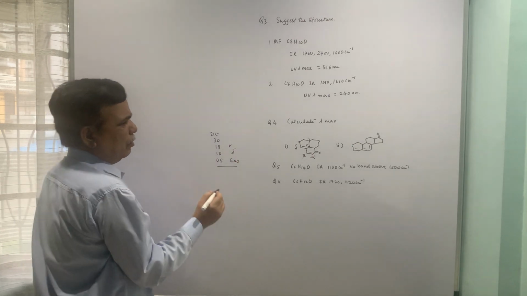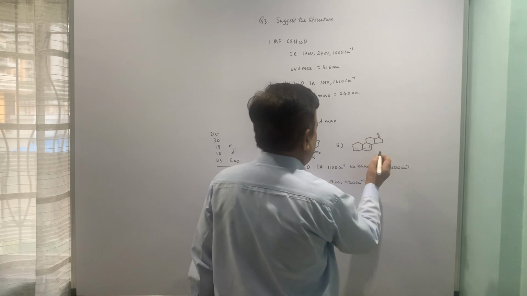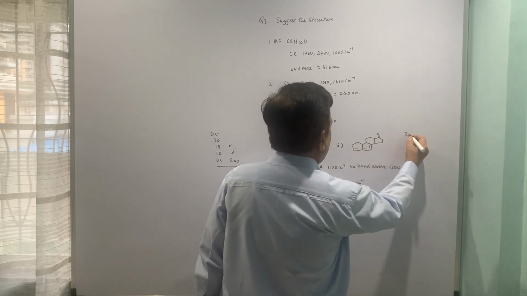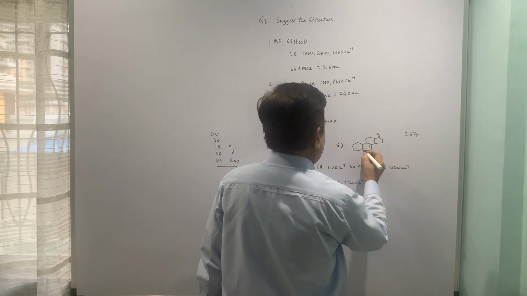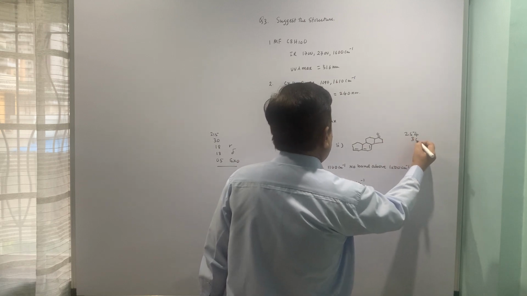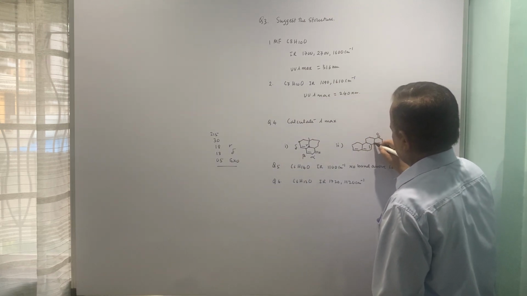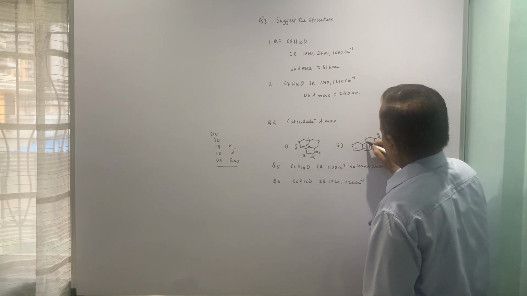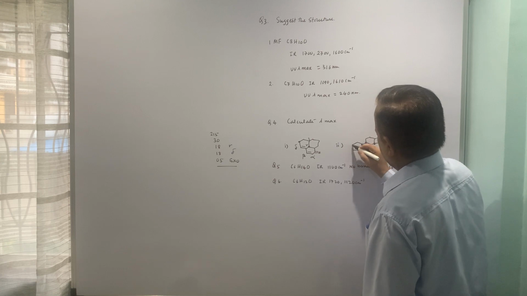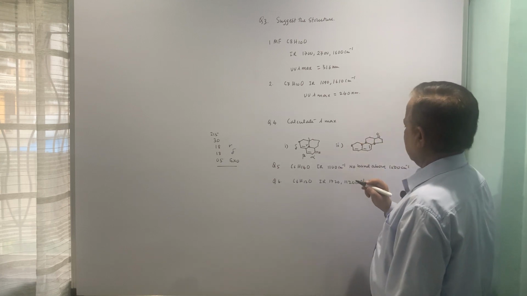For the second molecule, ketone is out of question, homodiene component 254, extended conjugation 30, and now here you have to put the substituents directly. I am just marking the substituents 1, 2, 3, 4.